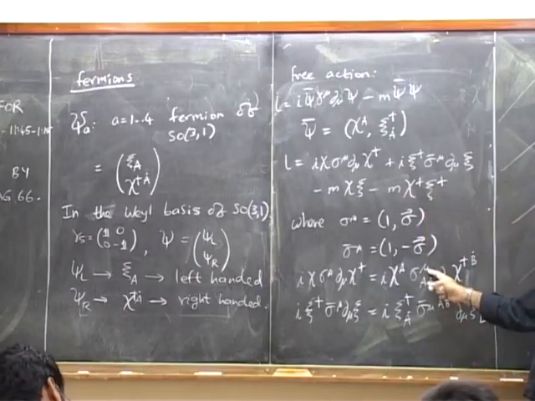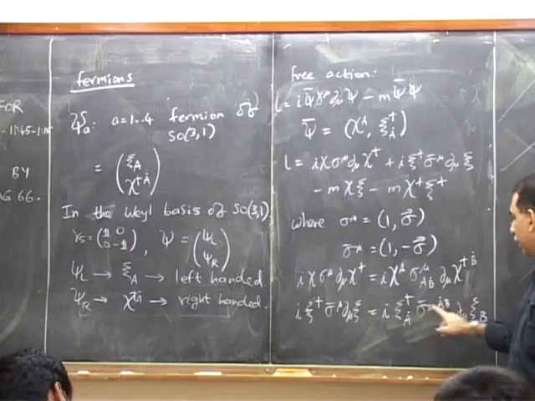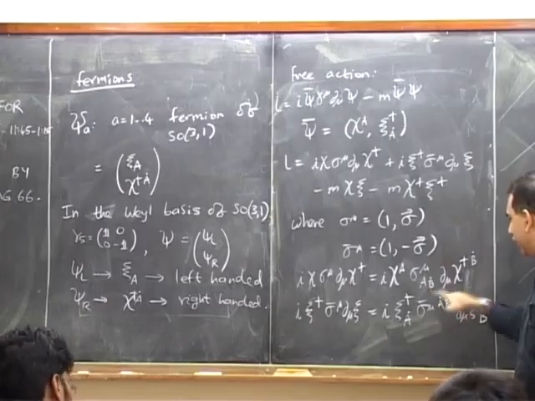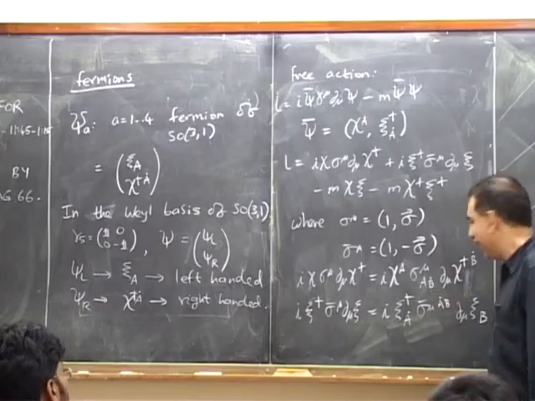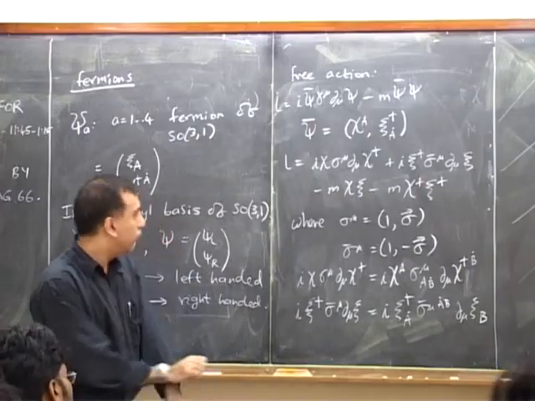So we see that sigma^mu has naturally a first undotted and second dotted index, while sigma bar has first dotted and second undotted. You see what this is, and then this is the other one. Okay. Good.